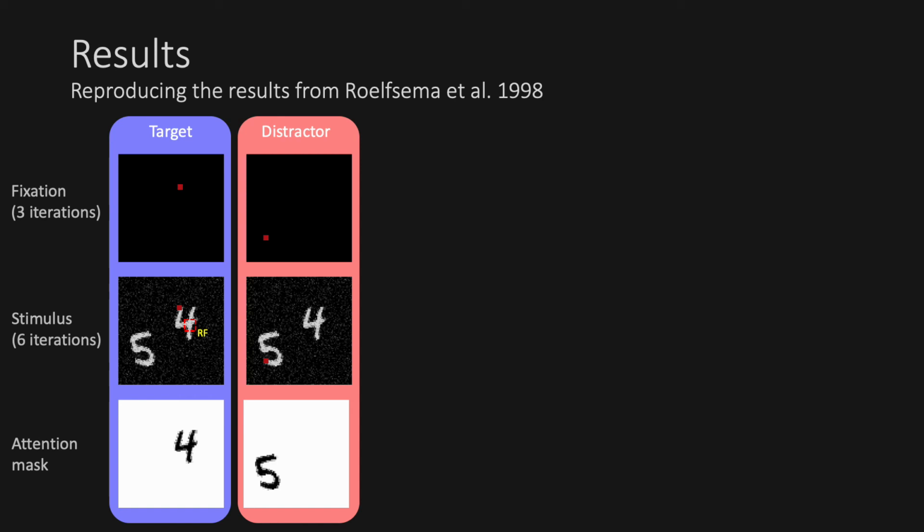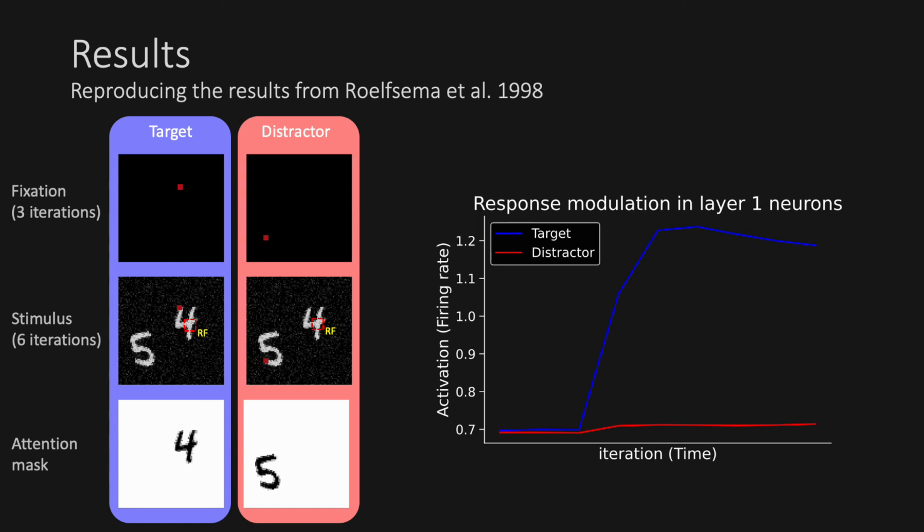And in the computer we can save the activity of the neurons on the receptive field of 4 for both when it's target and distractor, and we see that the activity is modulated heavily when it is being attended to, positively, for the neurons in the receptive field.